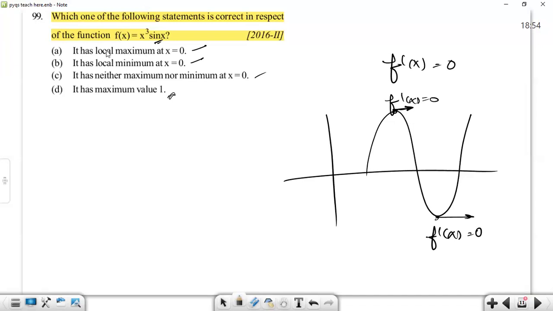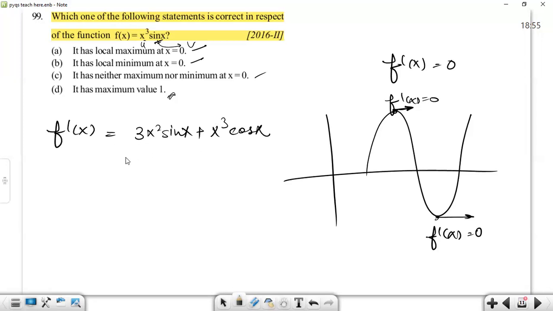So here, let's find its slope, and then let's see the sign of its slope, whether it will be positive or negative. That will tell us if the function has a maximum or minimum or not. So f dash of x, let's consider this as u, this as v: u dash v plus u v dash.